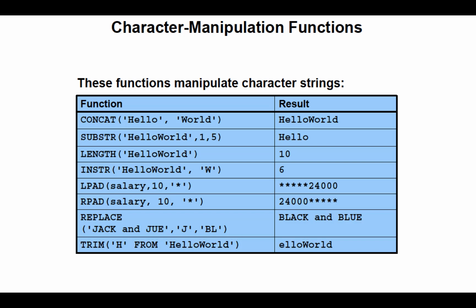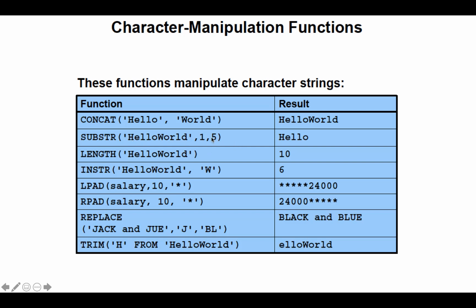These are more functions on character manipulation. You have concatenation. You can concatenate two strings separated by comma. Substring is going to get the substring of hello world, starting from 1. In the substring function, they consider the first letter as 1, not 0. So when I say 1, this means the first letter.